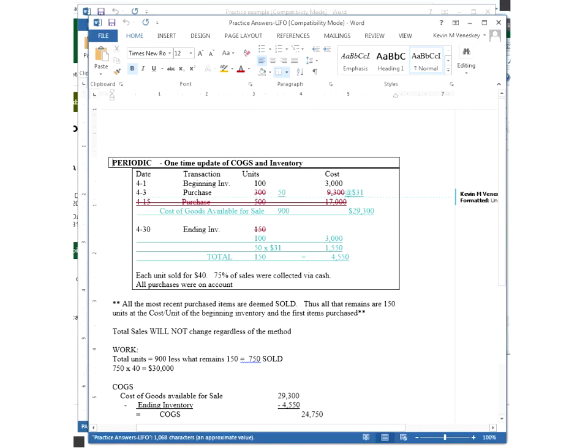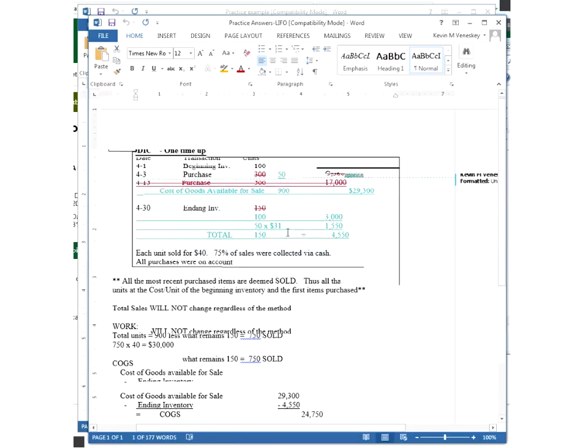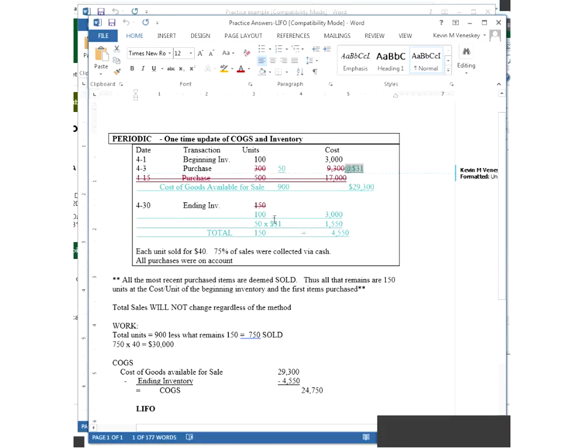Now we look at it from the LIFO perspective, and I do everything just the opposite. The ones that I sold, if I have 150 left, I got rid of my most recent purchases. I still have the 100 here and the 50 from my beginning purchase, and I did the calculation, and those are 31 bucks a piece, so I have 50 items at $31 a piece.